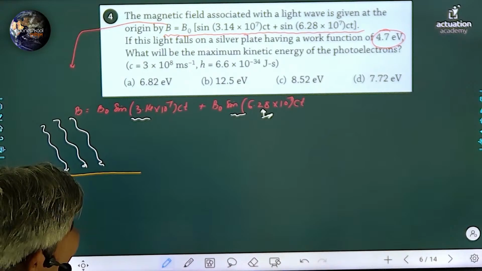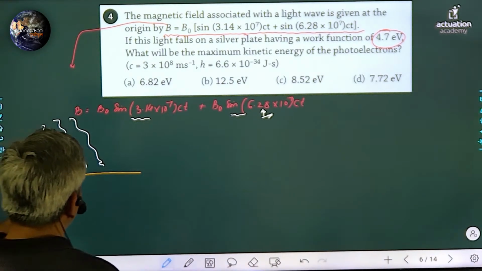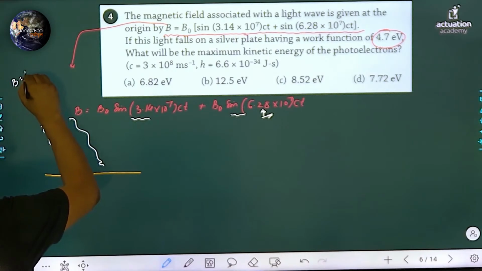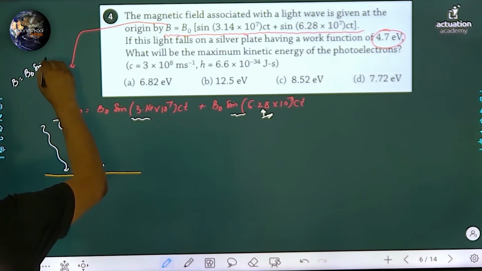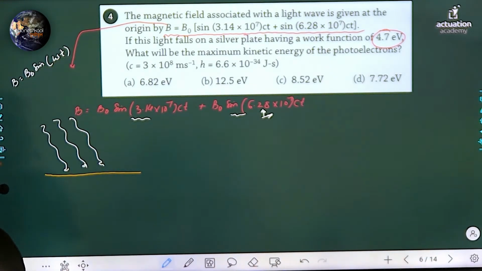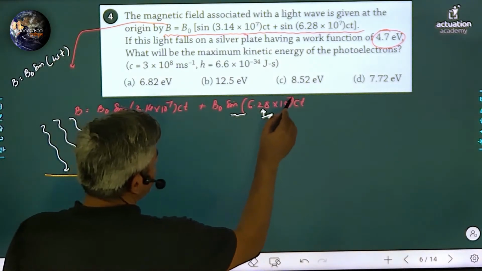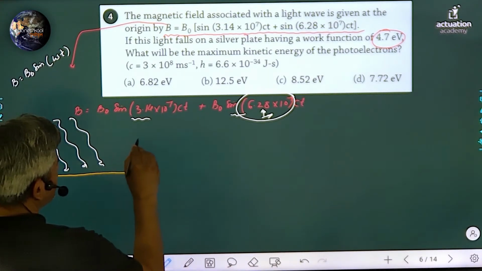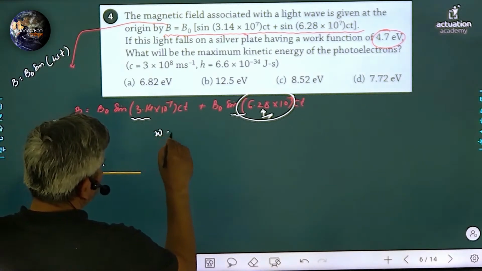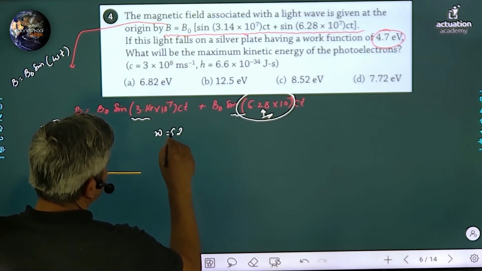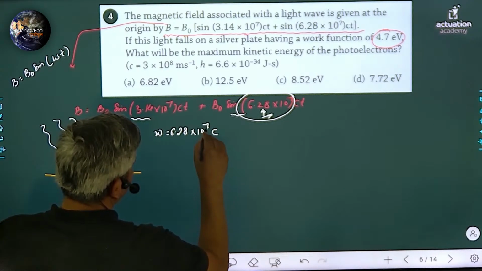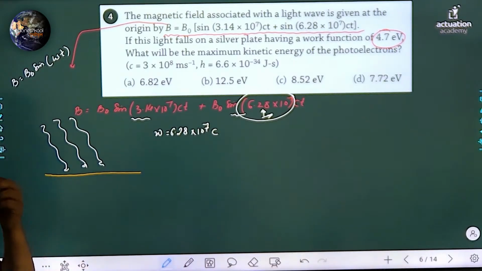We'll stick to this rule, and comparing with the function B equal to B naught sine omega t, we can clearly see that the second function has the larger frequency, where omega is 6.28 into 10 raised to power 7 times c, where c is the speed of light.